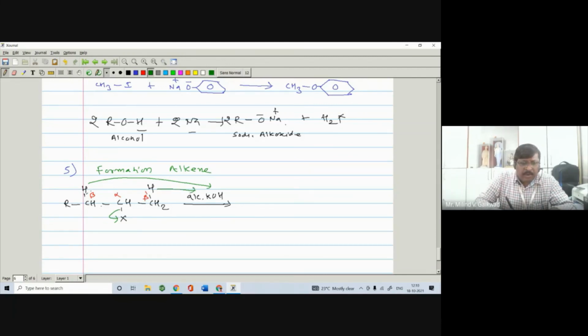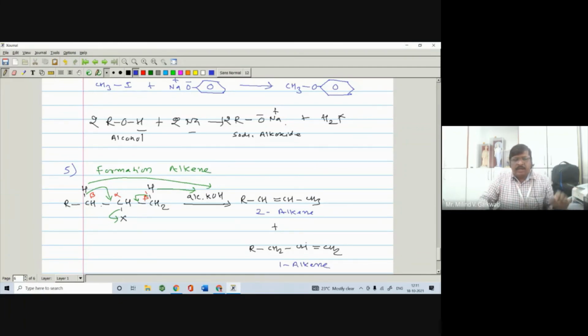So this sigma bond may also shift here. So there is a formation of two compounds. One is R, CH, double bond, CH, CH3. And the other compound is R, CH2, CH, double bond, CH2. So you can get two alkenes.